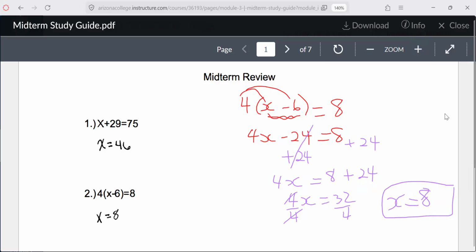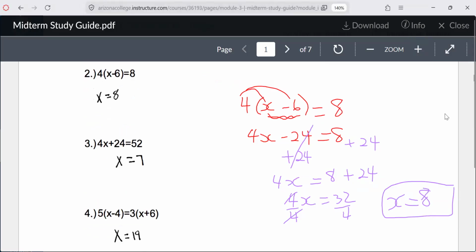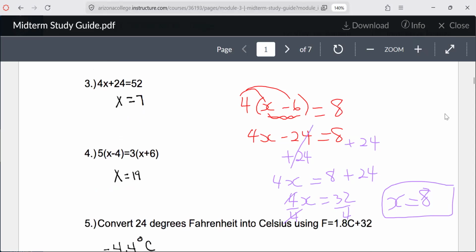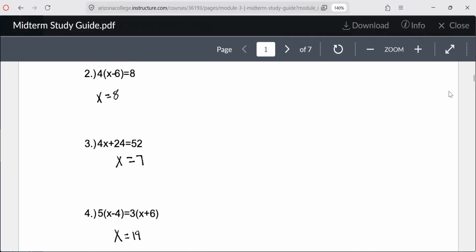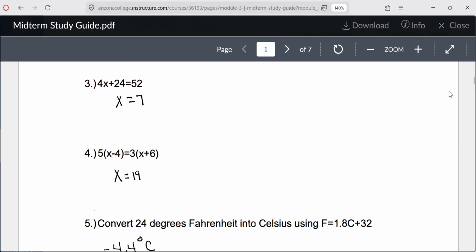Okay. Number 3. In number 3, we've got 4x plus 24 equals 52.